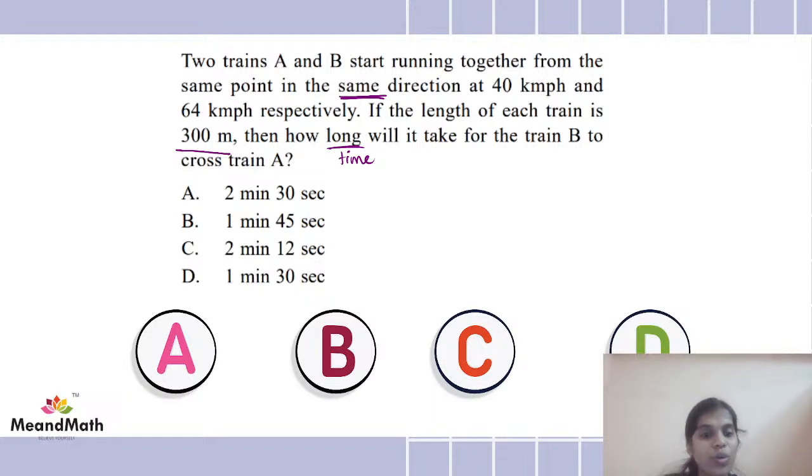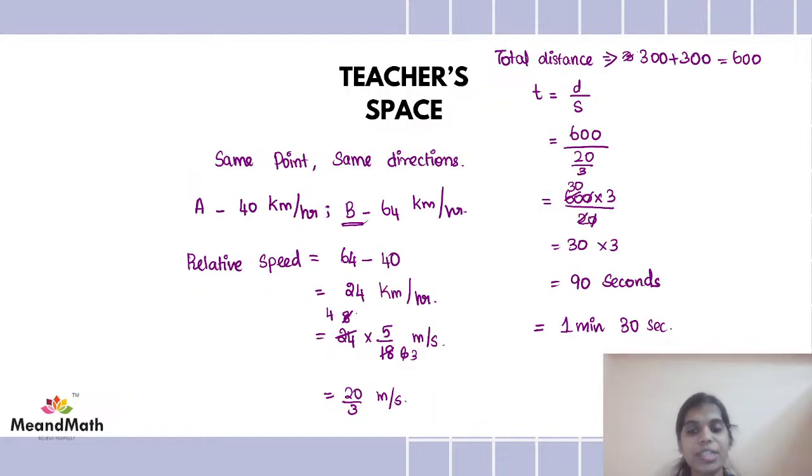So the answer is 1 minute and 30 seconds. Is it clear? What is the answer? D is the answer. 1 minute and 30 seconds is our answer. If it's not clear, please ask your doubts through the chat box.